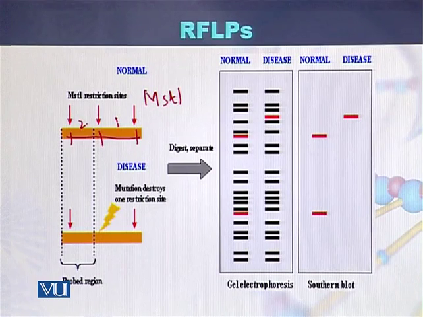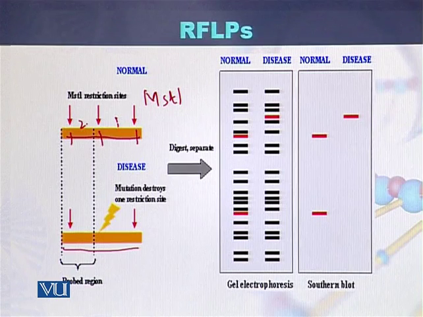While here we can see the DNA of a person with a mutation at a particular point. Due to that mutation, the site which was in the middle has been destroyed. So now there are only two sites for the restriction enzyme MstI, here and here.